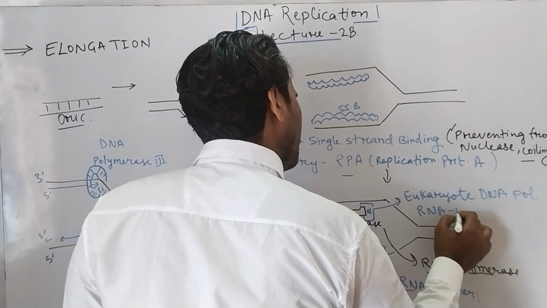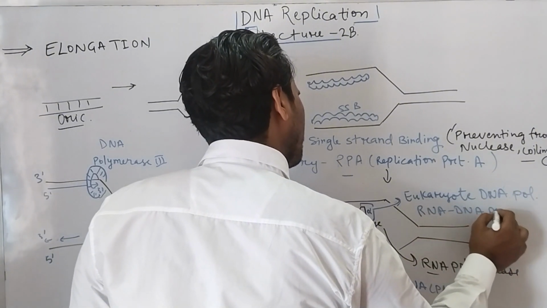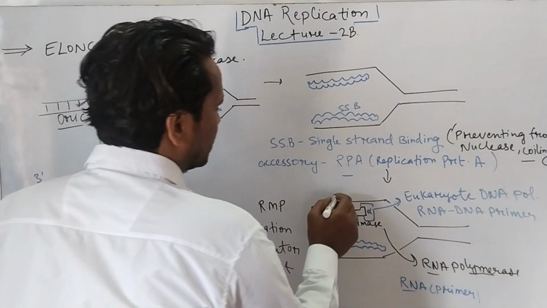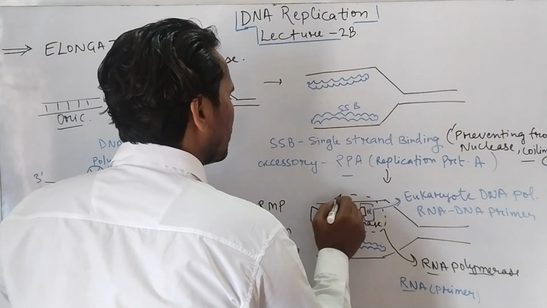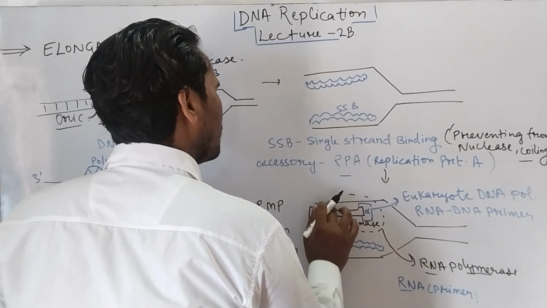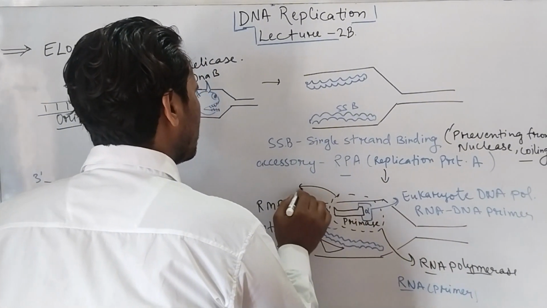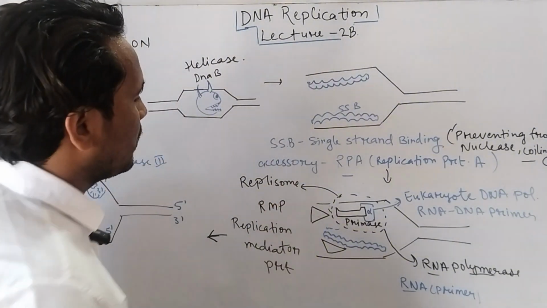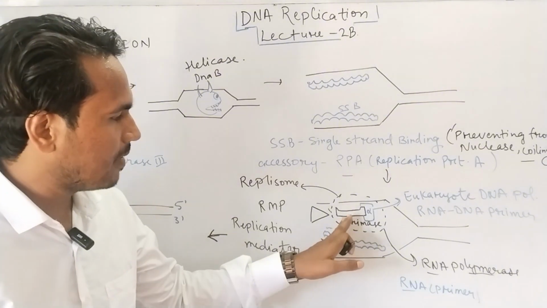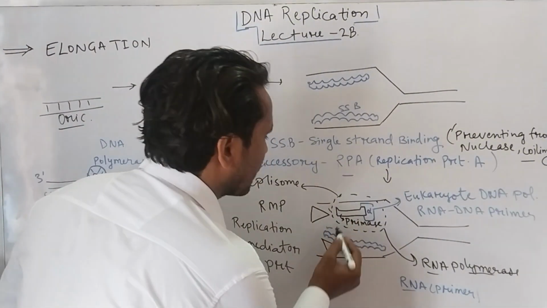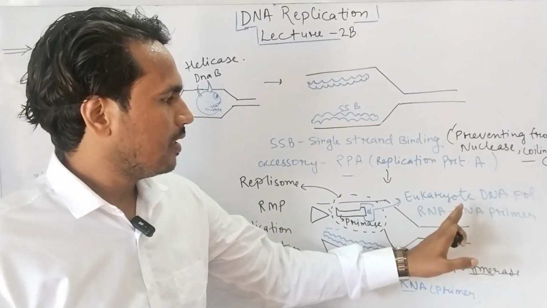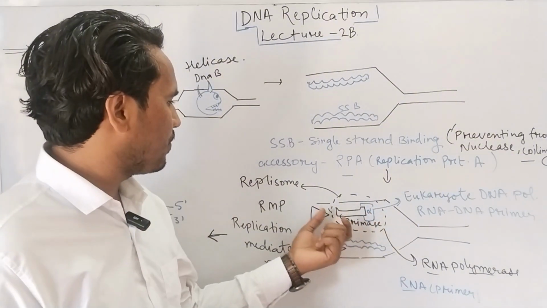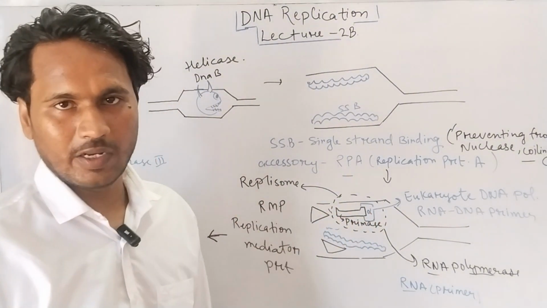Together this structure is called a replisome. The replisome has the primase enzyme, and then the alpha subunit in the eukaryote, and this polymerase activity plus primase activity is called a replisome. Are you getting my point?